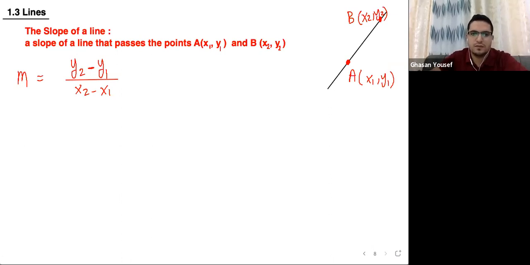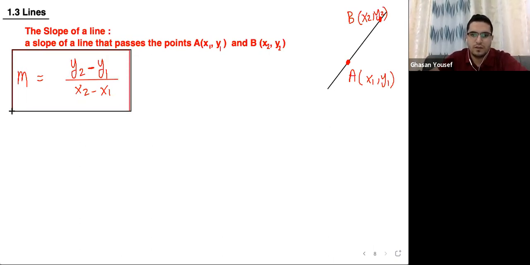Any questions for this formula? This is the slope of any line. Here I get a question: that's the midpoint? No, it's not the midpoint. It's the slope of the line. If I have a line like the black one, you see the black one?